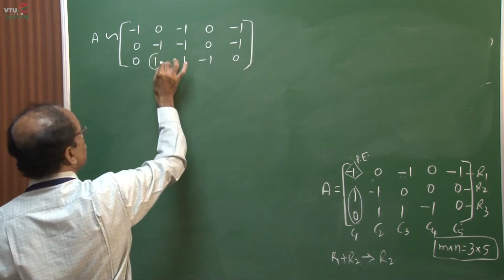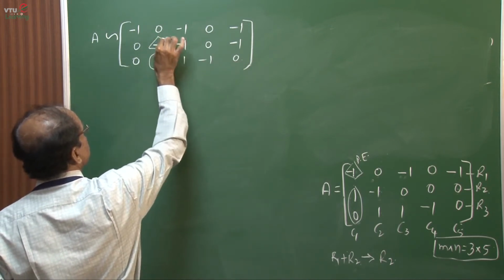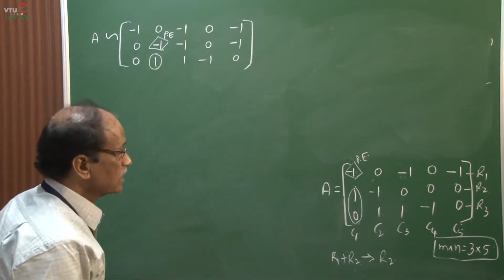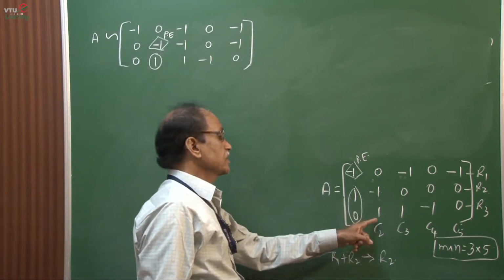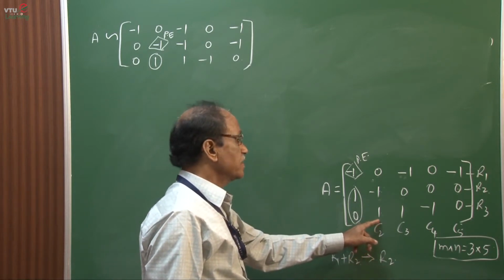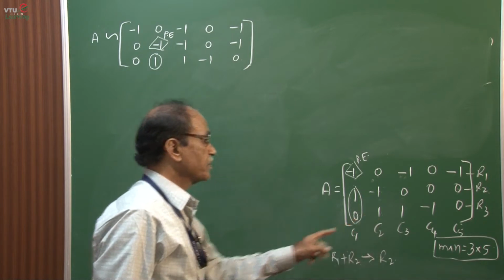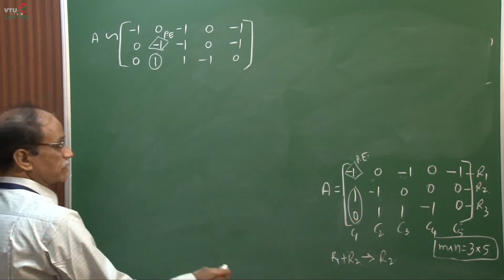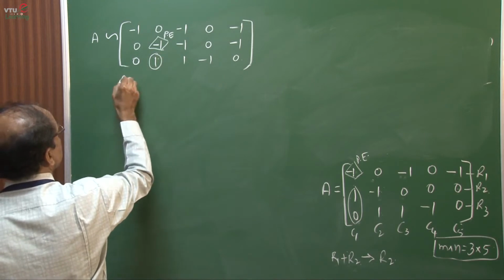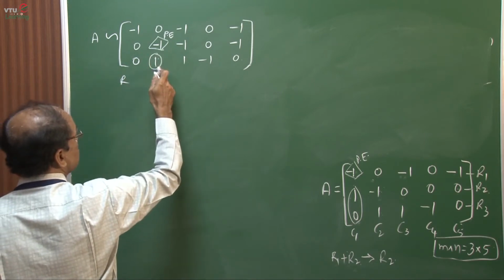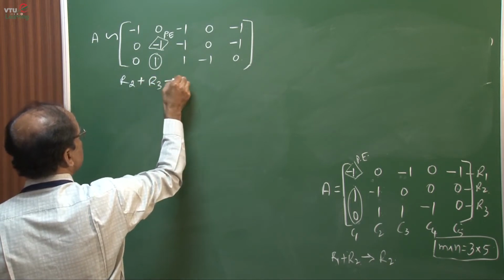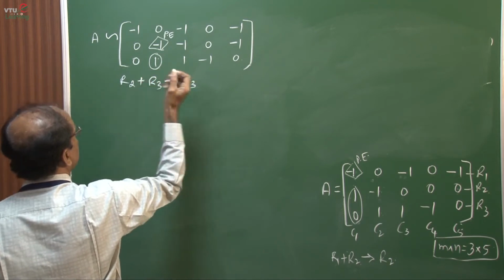So now you have to make this element 0 with the help of this pivotal element. With the help of this pivotal element, you have to make the second column, third element, 0, with this operation R2 plus R3. This is also the same thing because already one is minus, another is plus, obviously it gives us 0. Therefore R2 plus R3 is affecting R3.